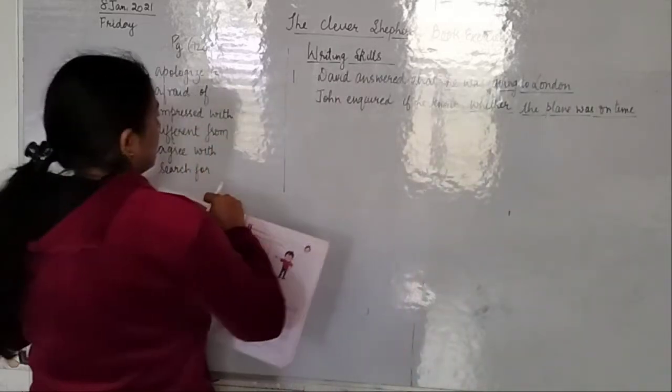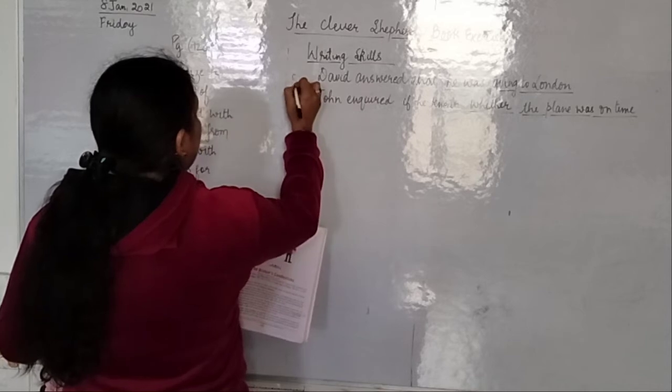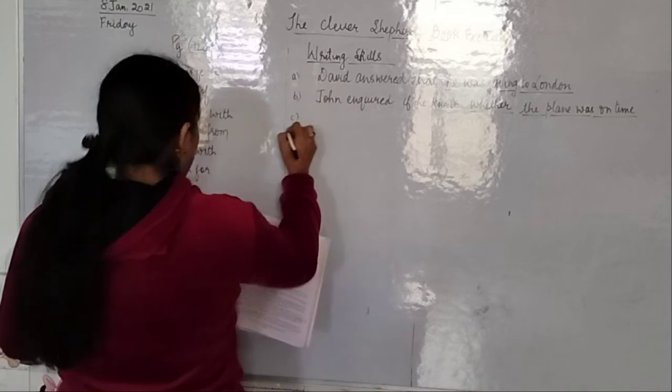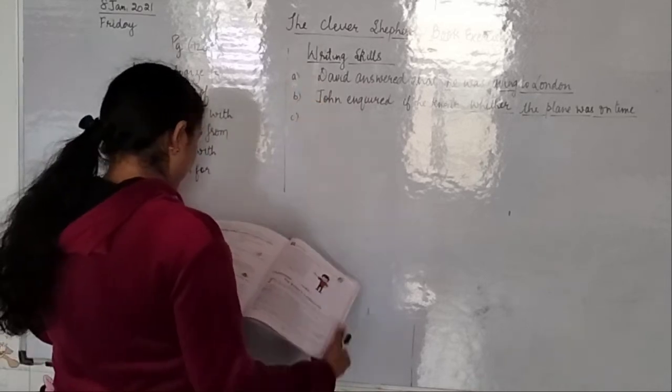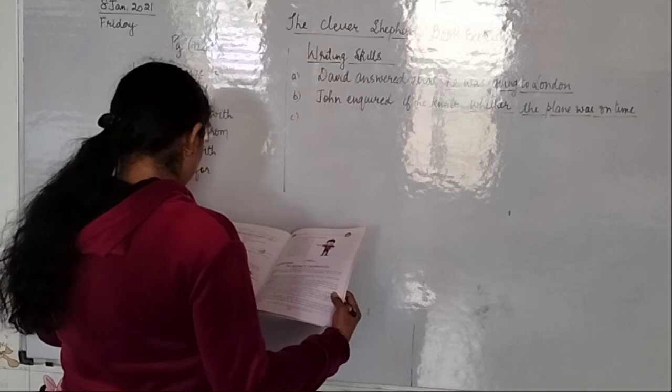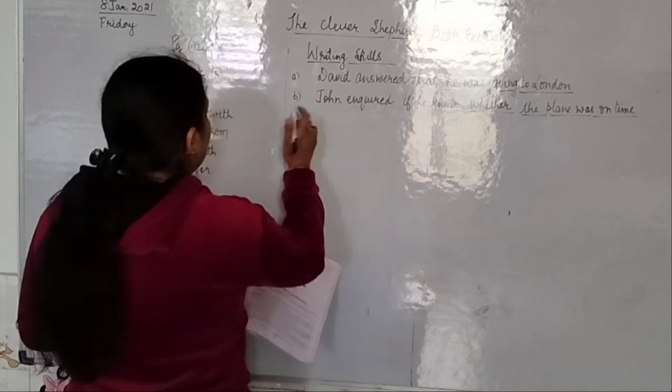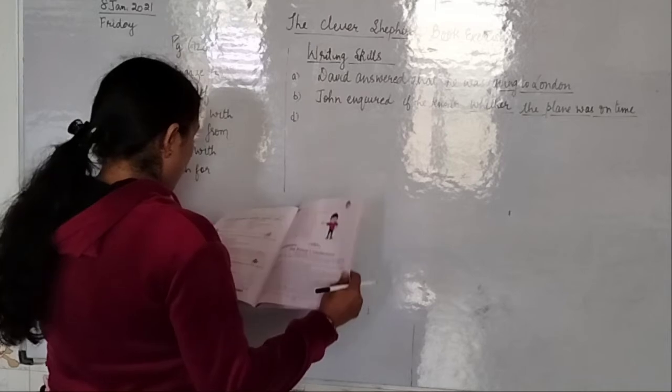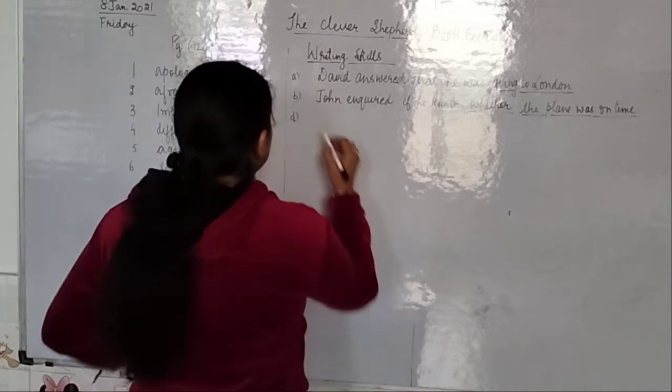Third sentence. This is A, this is B. Now C. D is here now. John said he hoped.